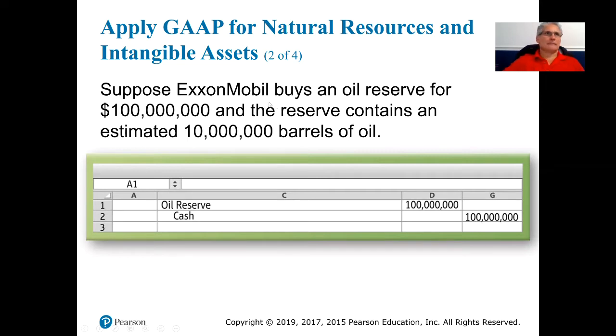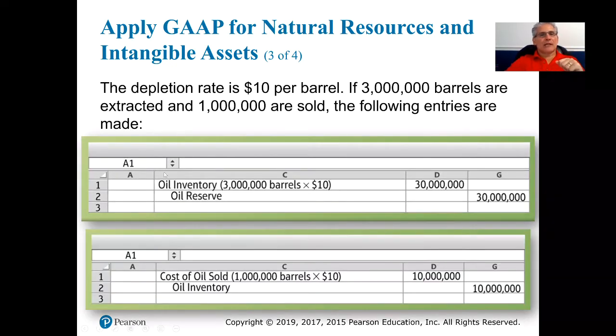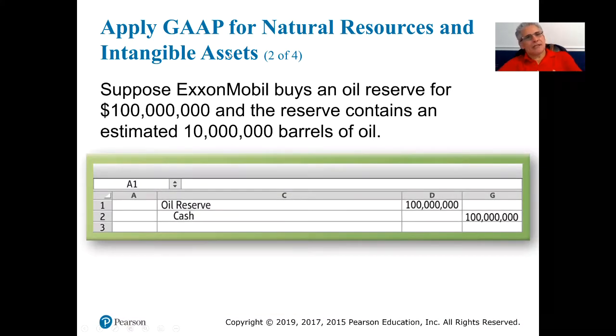Think of it essentially as they bought the rights to some reserve sitting underground that they can now put pumps in and start taking the oil out. Now, the depletion rate is $10 per barrel. How did they come up with the depletion rate? They are estimating 10 million barrels of oil.